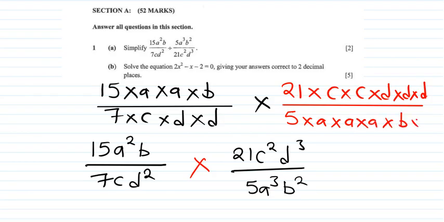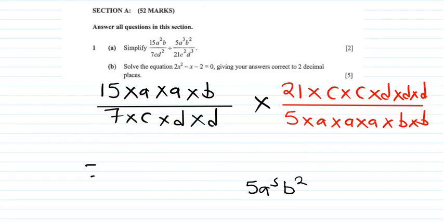So at this point what we do is we just cancel out what's common, what's on the top and what's on the bottom. We'll start by observing this part. You can see that we've got 2 a's on top, and there we've got 3 of them.